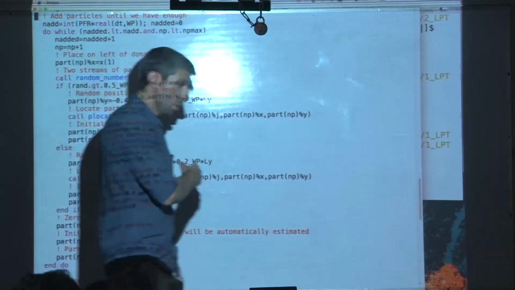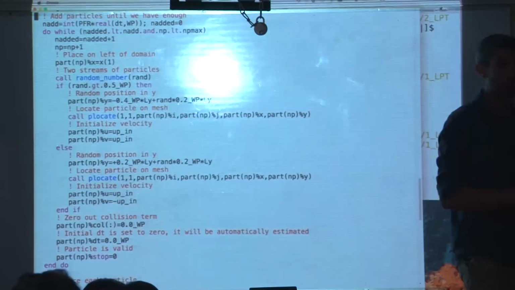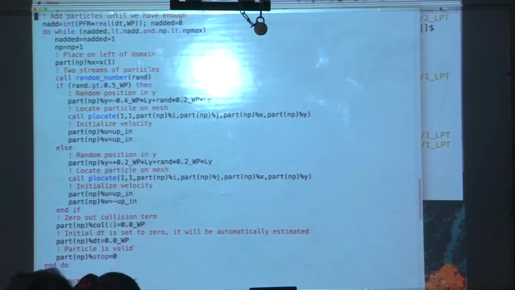So what should happen? Can you make predictions regarding what should be the behavior of this simulation? Stream of particles, up and down.